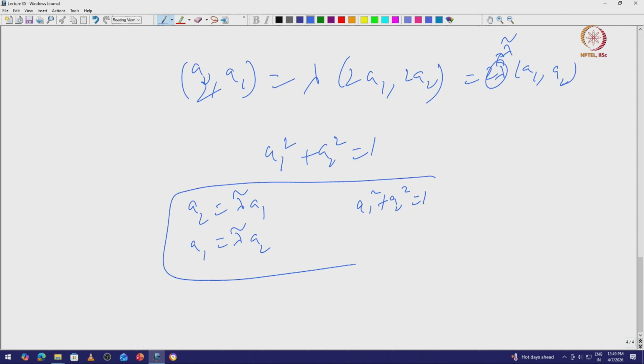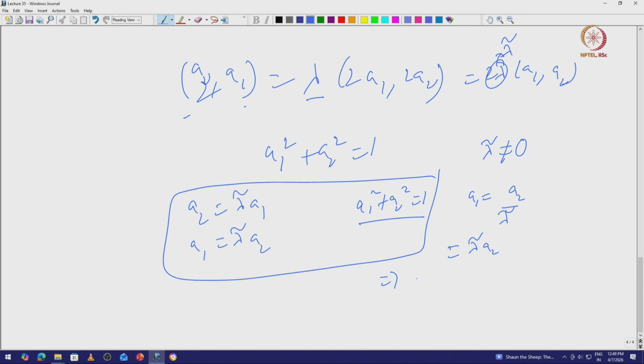You can solve these equations very easily. So, for example, lambda tilde is of course not 0. Why? Because if lambda tilde is 0, then (a2, a1) is (0, 0), which cannot satisfy this, right. So, which means you can simply divide, you can say that a1 is a2 by lambda tilde, but a1 is also lambda tilde a2, right.